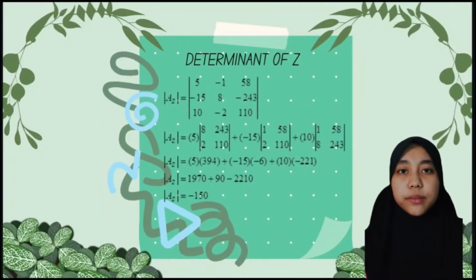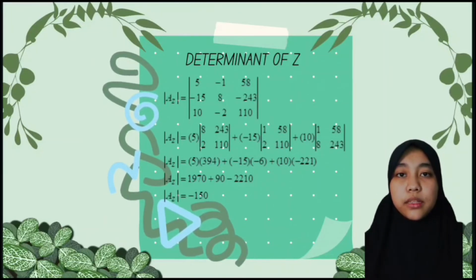To find the determinant of z, we're going to use Cramer's rule. First, we're going to take matrix A and change the column 3 with constant b. So we're going to get 5, negative 1, 58, negative 15, 8, negative 243, 10, negative 2, and 110. Now we're going to eliminate all the numbers from the first row and first column, and then we're going to get a 2 by 2 matrix, which is 8, 243, 2, 110.